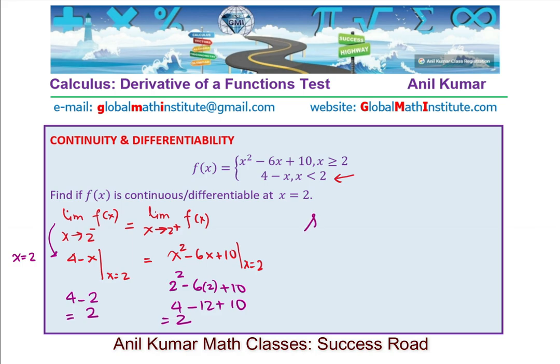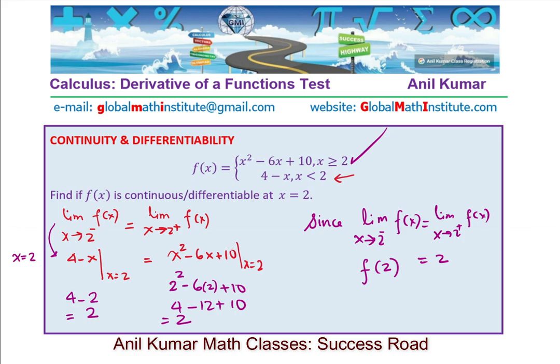The limit as x approaches 2 from the left side is equal to the limit as x approaches 2 from the right side, and they are also equal to the value of the function. We know that f of 2 is also equal to 2 since the right hand side includes equal to. So the function is continuous.